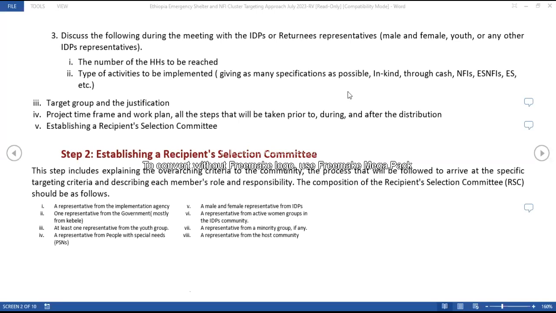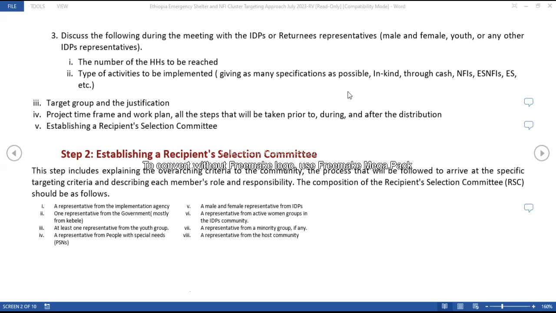But if we didn't have female staff, we may assign 2 males, or if we didn't have male staff, we may assign 2 females. But gender composition has to be ensured while assigning COOPI staff. Overall, at least 2 staff from the activity implementing agency have to be part of the beneficiary selection committee.